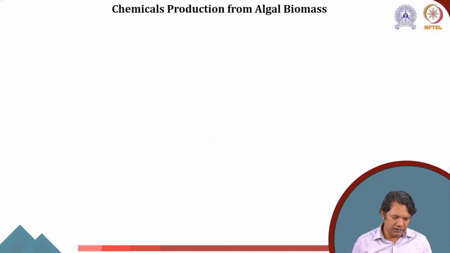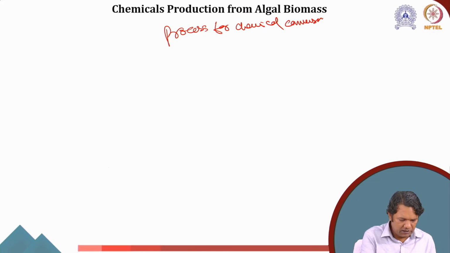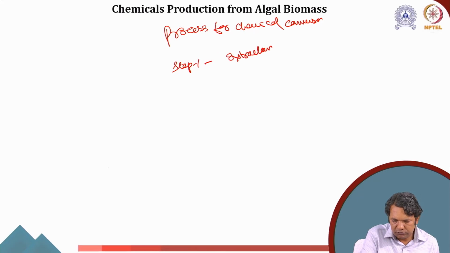So as I said, the simple process for conversion or process for chemical production, of course, preparation is one part. But in general, if you look at the growth, harvesting, disruption, etc. are one part. Step one, if you look at extraction, okay, that can be solvent extraction or any other we have discussed already.